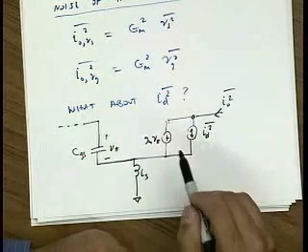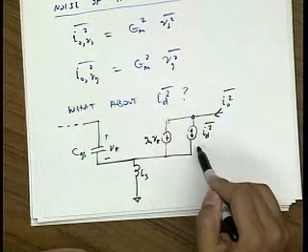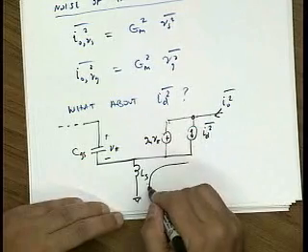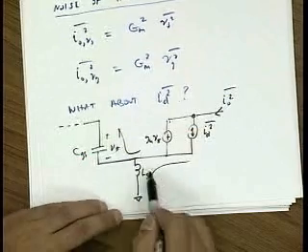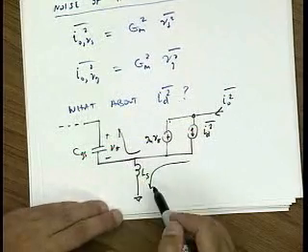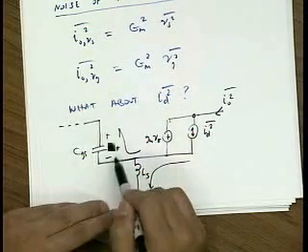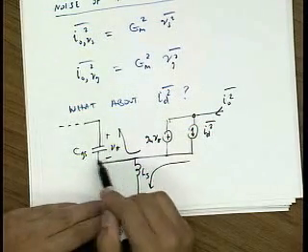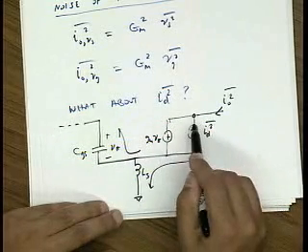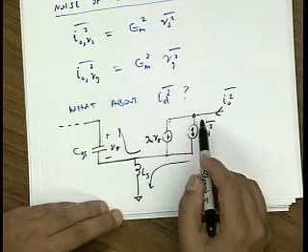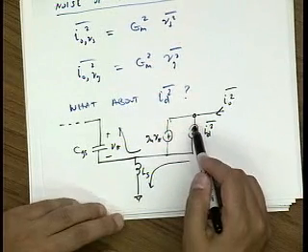But you can't neglect the contribution of this transconductance, because this current source will partly flow into here and partly flow into here. There's a current divider. Division depends on the impedance seen in this branch relative to this branch. So the part that goes through here generates a voltage, which activates VGS, which activates this transconductance, which generates a noise. Now at this point it's not clear if that noise is going to be in phase or out of phase with this original current.